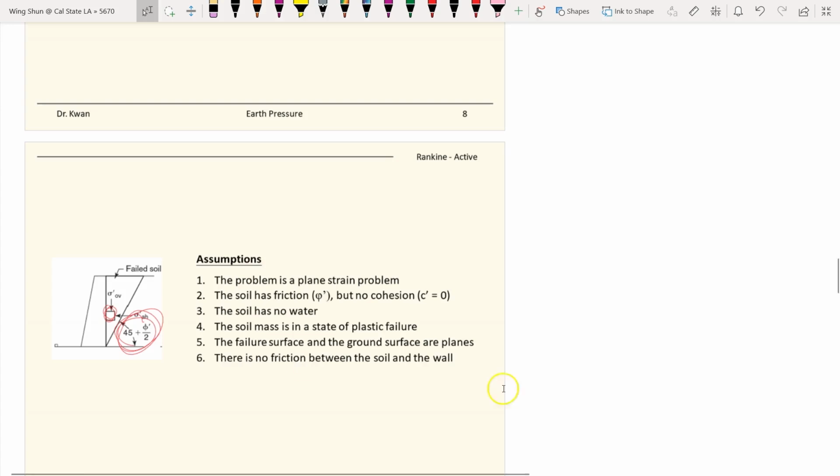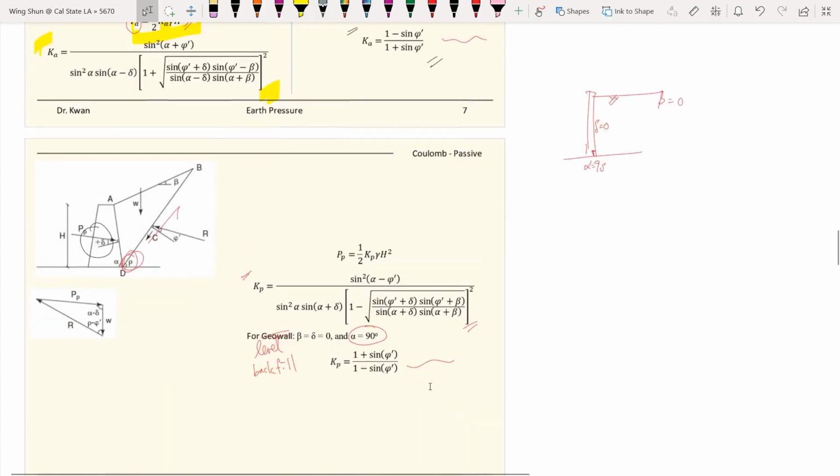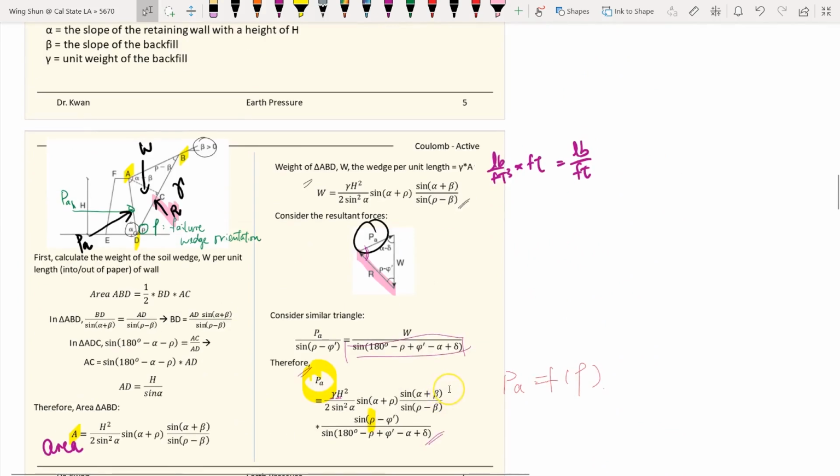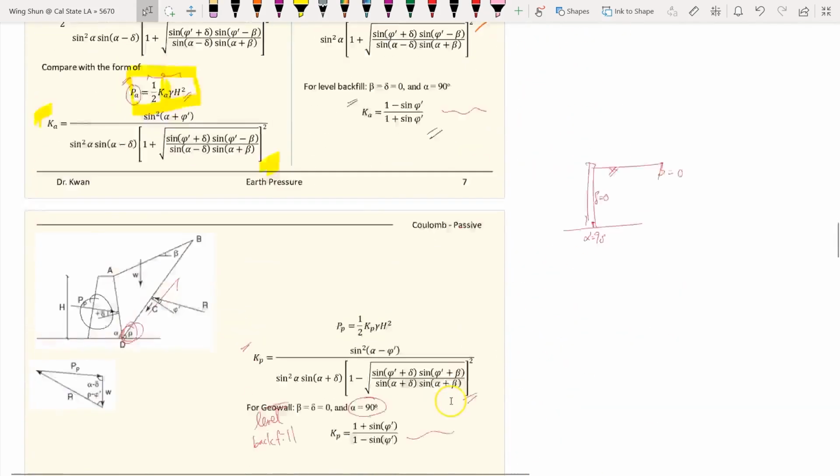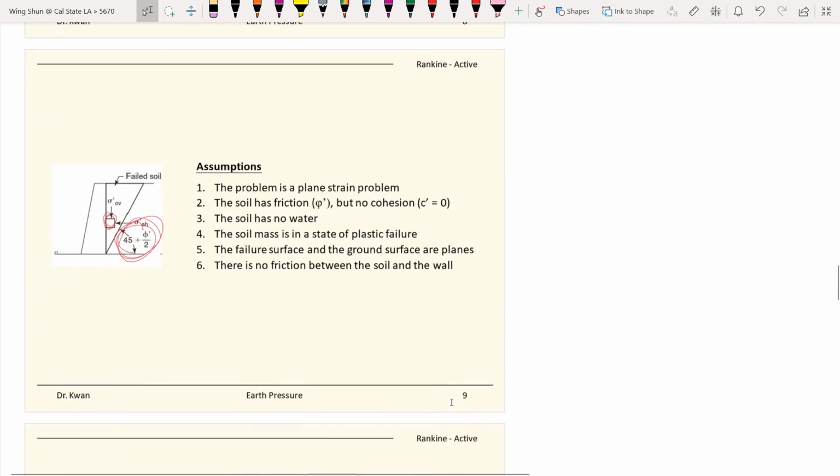Previously, when the wedge fell, we assumed there's friction between the wall and the soils, but this time we assume there's no friction. The friction is supposed to help keep the soils stabilized behind the wall, but here they take away those advantages.